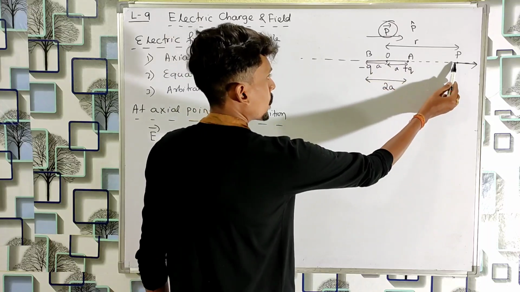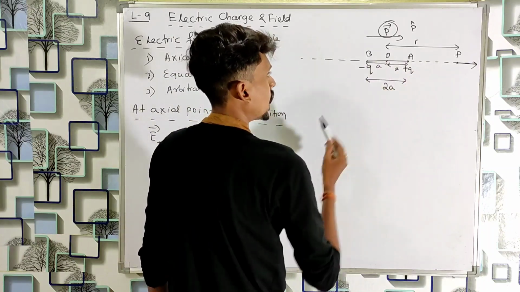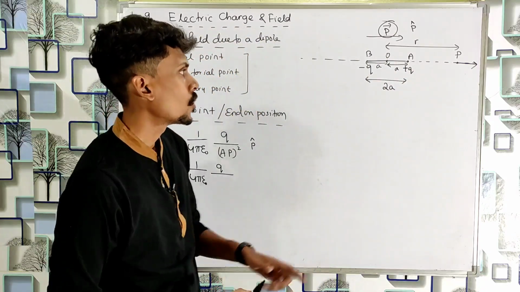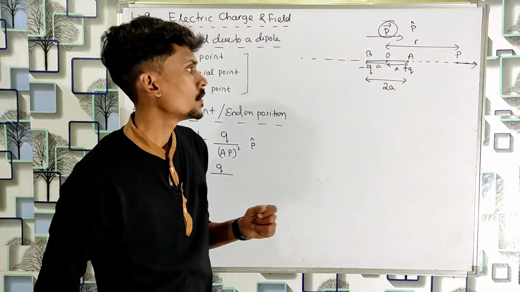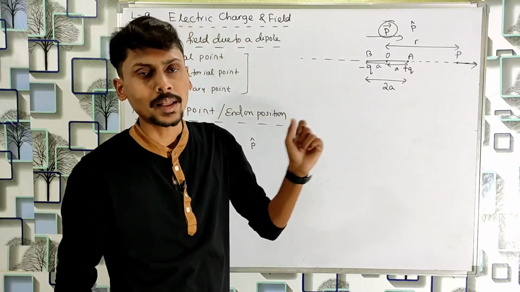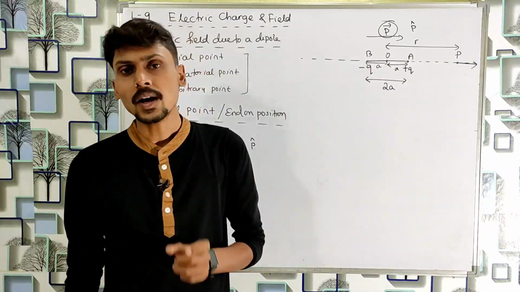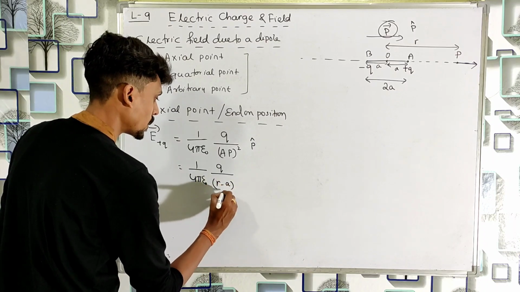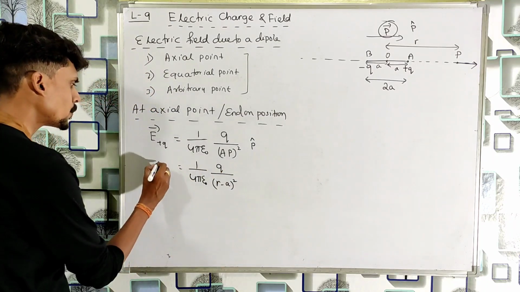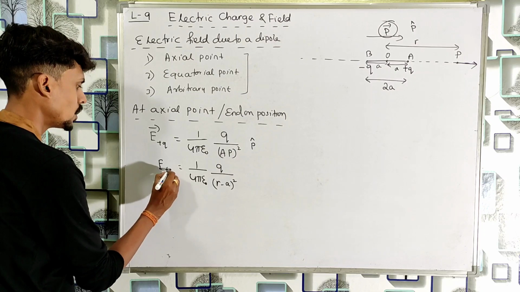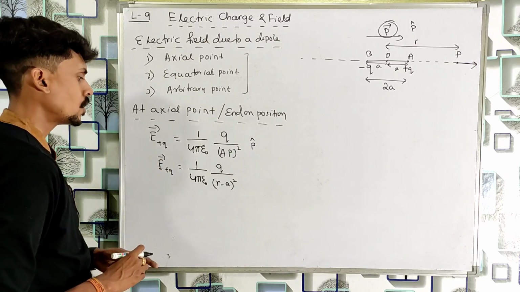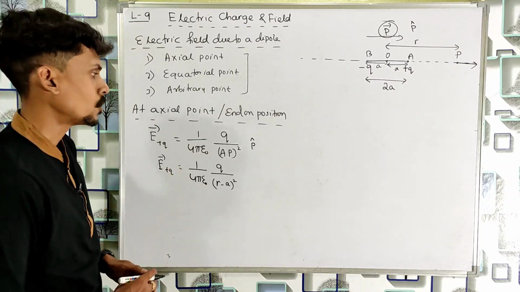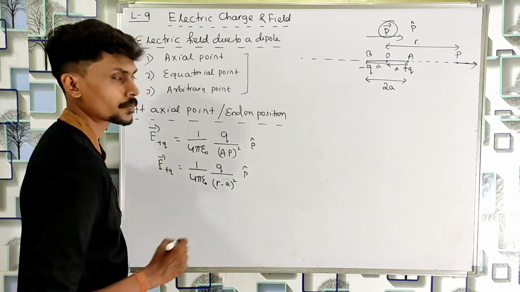The distance OP is r and the distance OA is a. So AP will be r minus a. So in place of AP I can write r minus a. So E plus q is equal to 1 by 4 pi epsilon naught q by (r minus a) whole square into P cap. Is that clear?